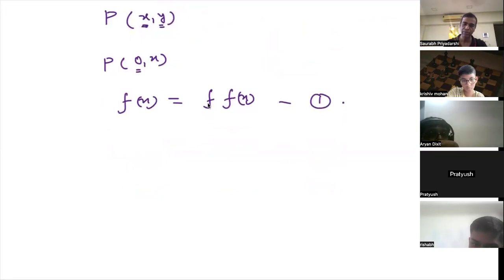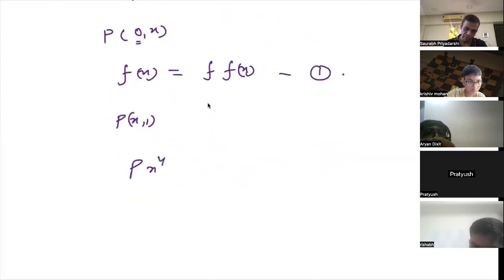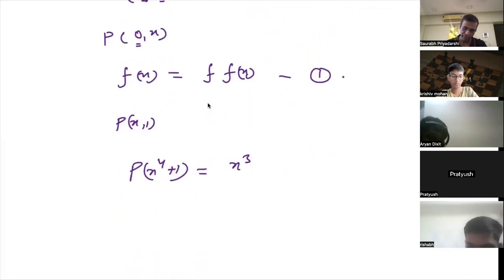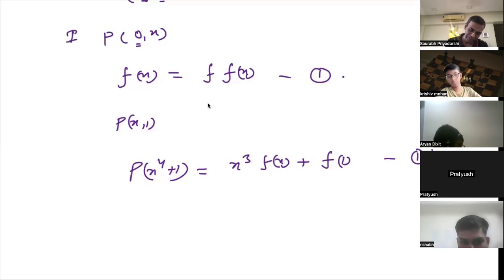So this is the first thing: f of x is equal to f of x, for x belongs to R. Now P(x, 1): f of x to the power 4 plus 1 is equal to x cubed f of x plus f of 1. f of 1 is f1 only. Wow, very good. This is the second one.